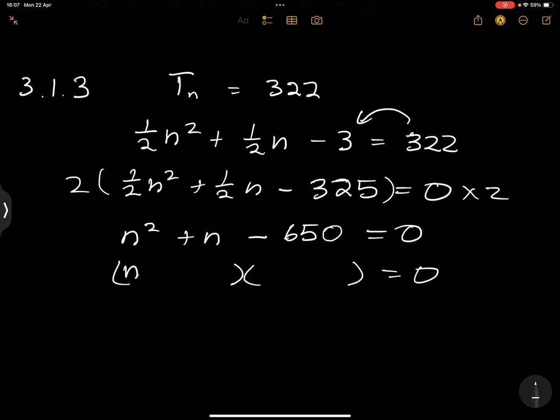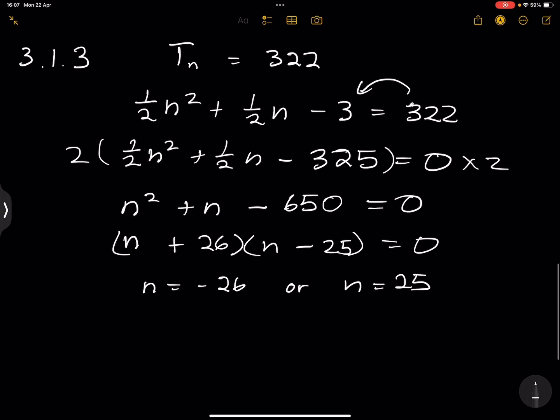So in this case, that would be n plus 26 and n minus 25, right? So one of them has to be negative. So in this case, that guy is positive and this one negative. So n is negative 26 or n is equal to 25. Now, which answer are we going to take, right?